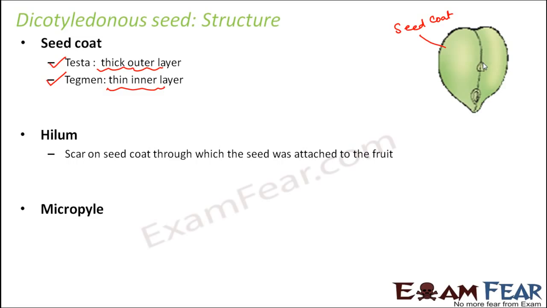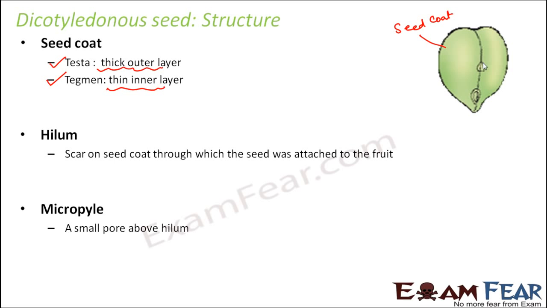You remember we talked about placentation. So placenta was the tissue which connected the ovules to the ovary. Right? So even when the ovules matured into a seed and the ovary matured into a fruit, there was a point where the seed was attached to the fruit. So that point is this scar which you see on the seed coat. So this scar is known as hilum.